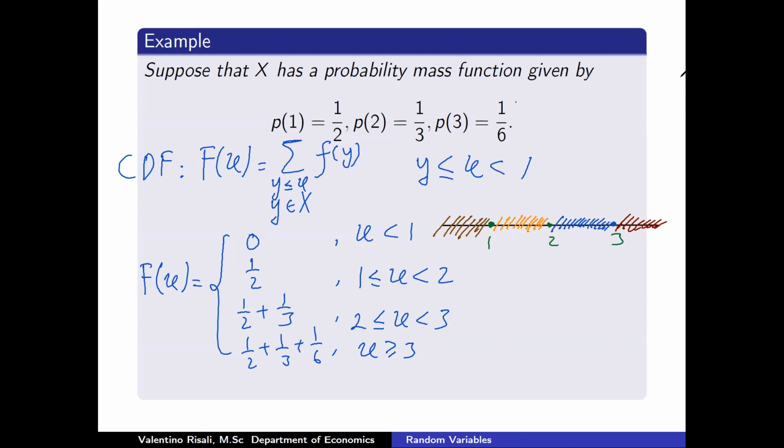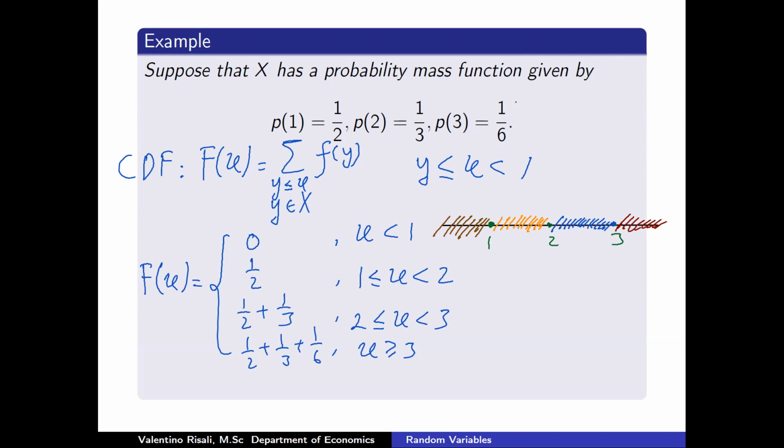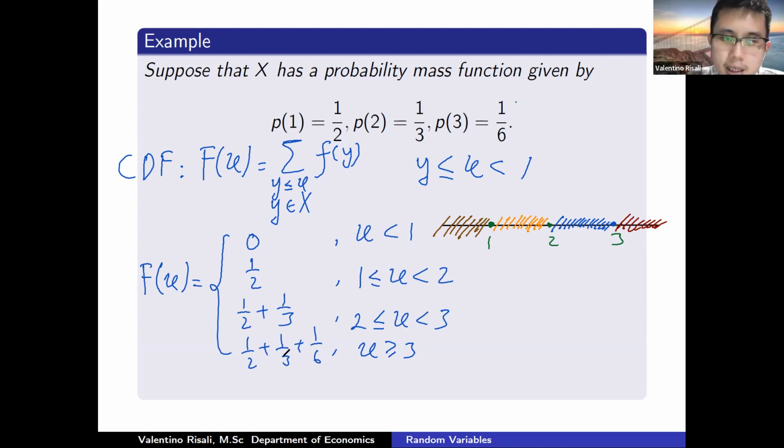My question is actually, why is it, when x is more than 3, half plus 1 divided by 3 plus 1 divided by 6? I'm sorry, for the last case, I will give you an illustration.